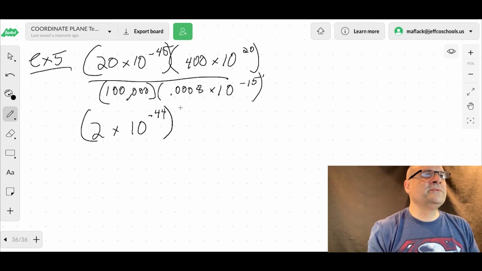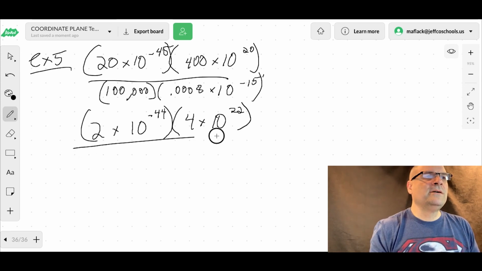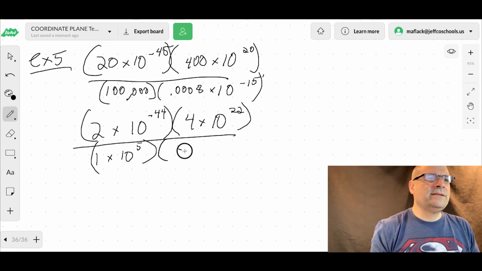All times 4 times 10 to the 2 times 10 to the 20. So that'd be 10 to the 22nd. All divided by 1 times 10 to the 1, 2, 3, 4, 5 times 8 times 10 to the negative 4 plus negative 15 is negative 19.